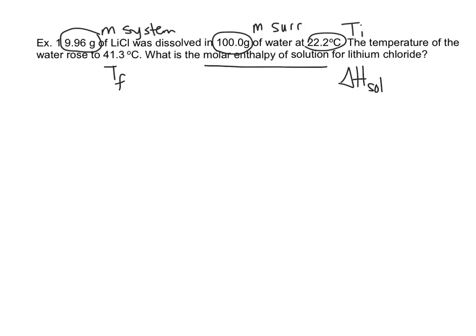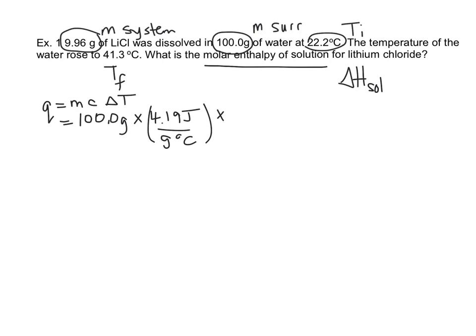All right, so let's start with our Q, our surroundings. So our surroundings is the water. The mass is 100 grams. The specific heat capacity of water is 4.19 joules per gram degrees Celsius.